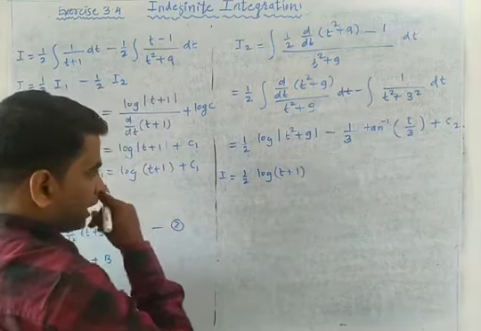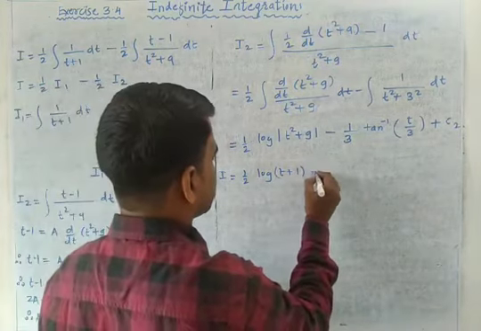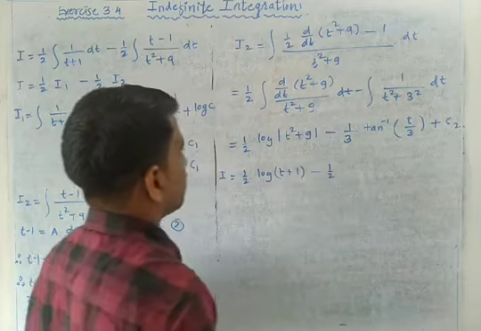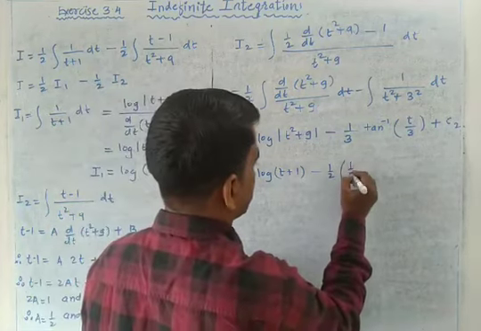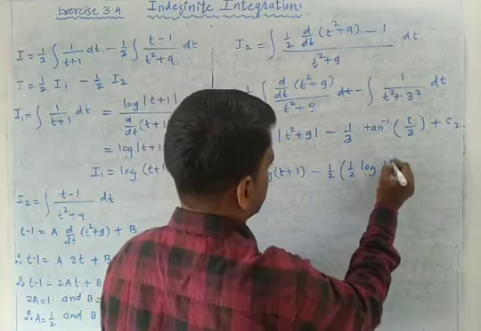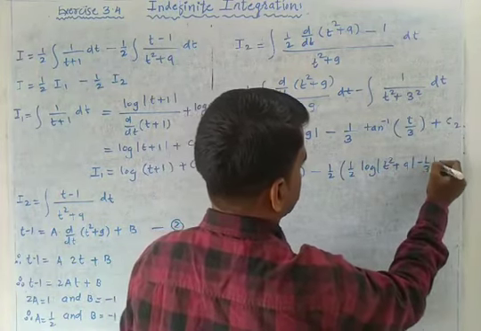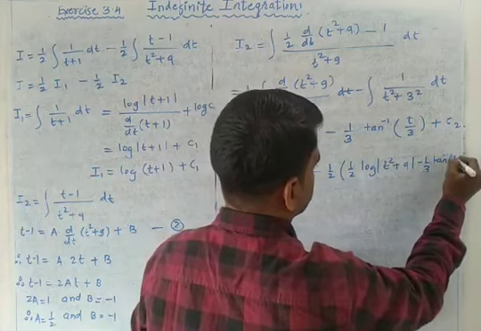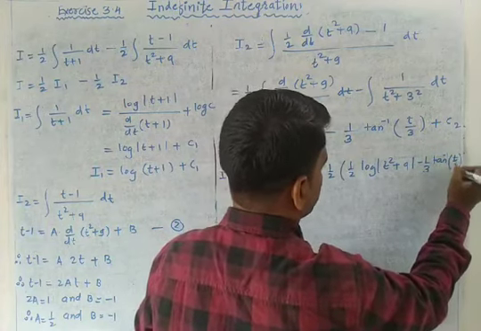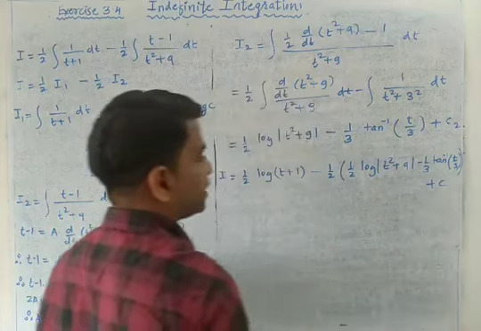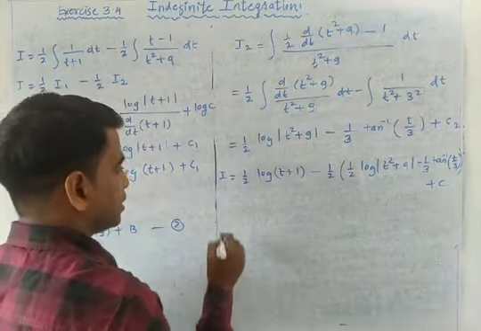That constant we will adjust directly at last, and minus half into value of I2. So value of I2 is half into log of t square plus 9 minus 1 by 3 tan inverse t by 3. Main part complete, and c1 and c2 written as a single c.